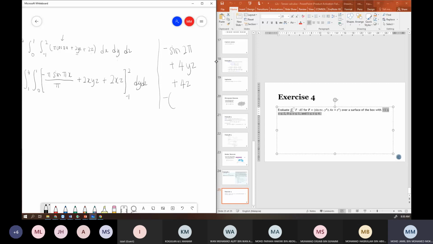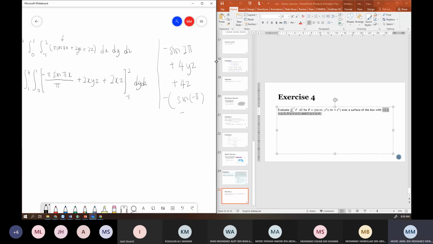And then minus, substituting -1 for x, we get sine negative pi minus 2yz minus 2z.